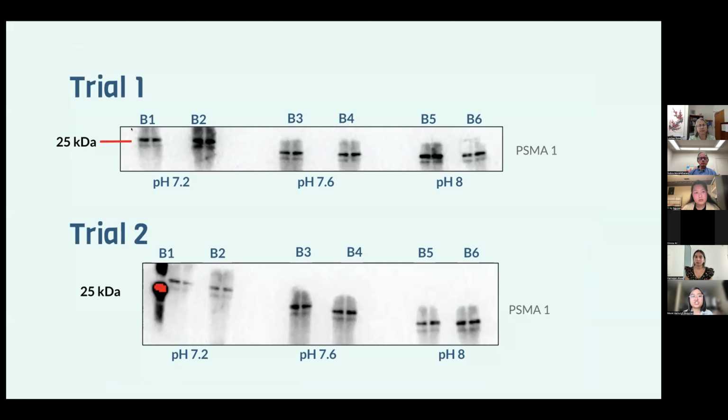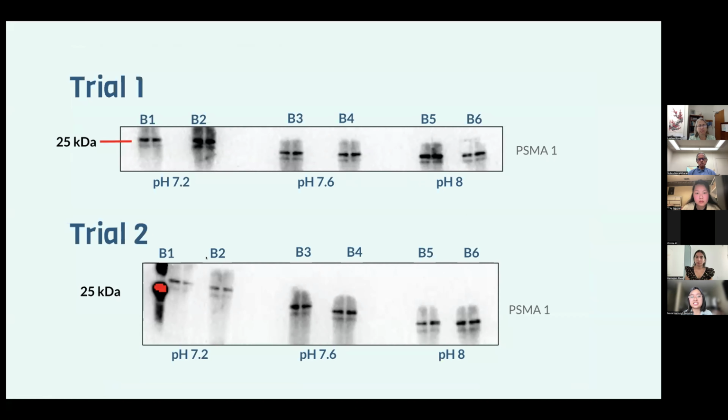So for the first trial, you can see that I have better results, better background, and we can see that at 7.6, it's still very consistent with the strength of the intensity band. This time, pH 8 is actually showing better results than 7.2.